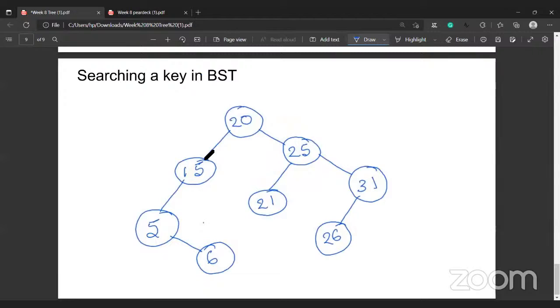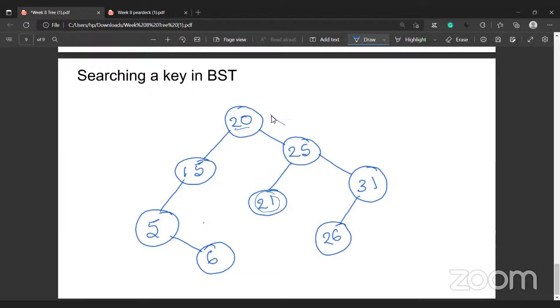So, searching a key in BST. How to search in BST? Suppose you want to search 21, right? So first it will check whether 21 is equal to 20 or not. It's the root element, it's not. Then we'll check whether it's greater than 20 or less than 20. 21 is greater than 20, right?